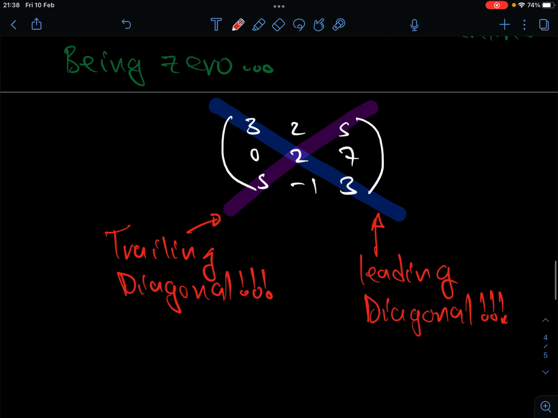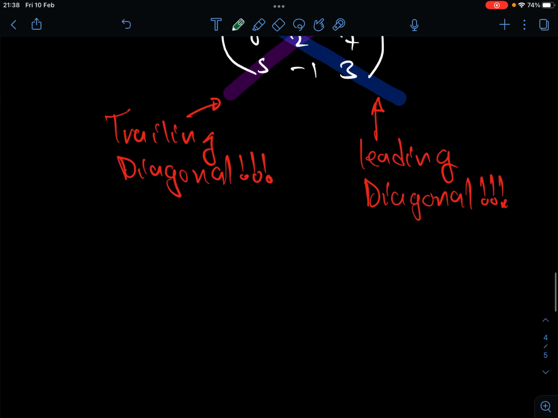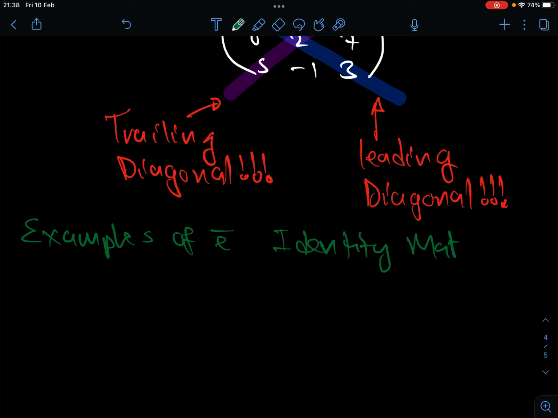Then coming back now to the identity matrix, what are examples of identity matrix? So we have many different examples of identity matrix.